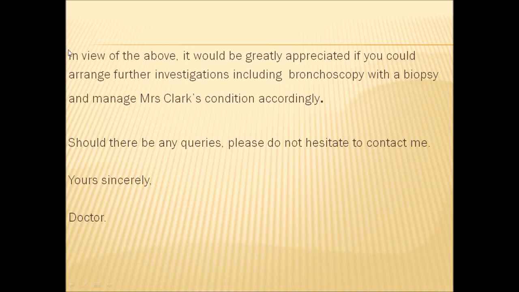So in the next paragraph we will write our plan, that is, why we are going to refer the patient. Here we can write that, in view of the above, I am referring this patient. But guys, please don't use this word again and again, as we have already mentioned in the introductory paragraph that I am writing to refer. So we have used the word refer once, so it's okay.